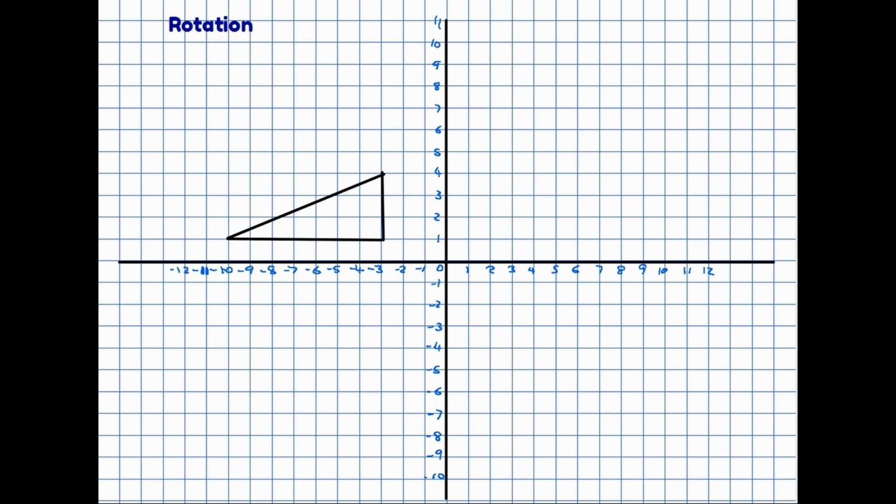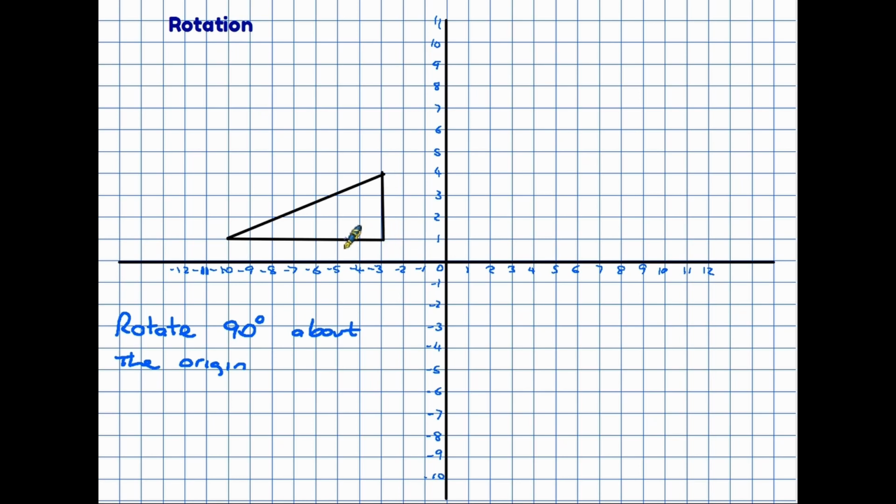This time we are going to rotate, and a typical question here will be to be asked to rotate this triangle 90 degrees about the origin. Now it's interesting here, you often find in an exam you get a piece of tracing paper to help you. The way you would do that is to put your tracing paper over the shape and the origin here.